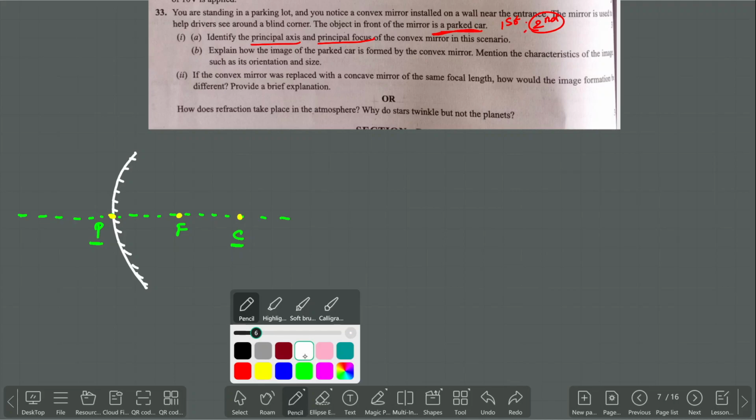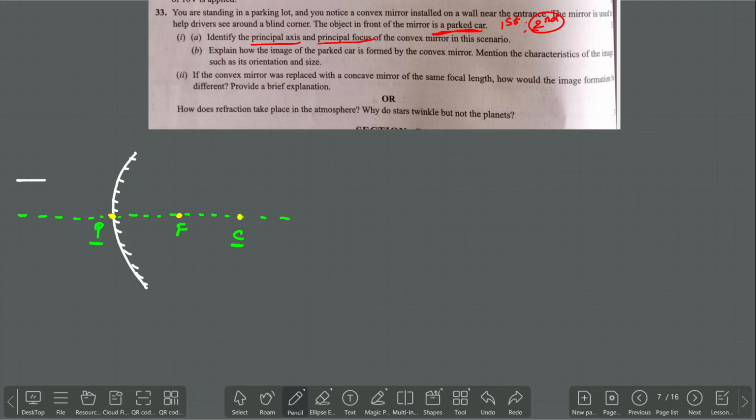In order to determine the principal focus, we are going to take the incident ray which is coming from infinity. We already said the nature of the mirror is convex. Either it will do converging action or diverging action. Diverging action. So the reflected rays will start to diverge like this. Let us take this as R1 and this one as R2. Is there any possibility for R1 or R2 to actually meet?